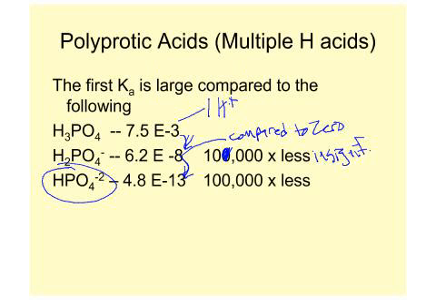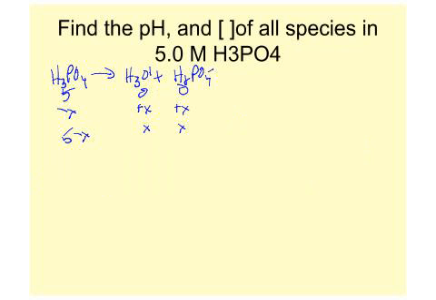My Ka was 7.5 E negative 3. So 7.5 E negative 3 equals X squared over 5 minus X. Solver, X equals. Okay, so solver. Where'd it go? Math, 0. Equation.